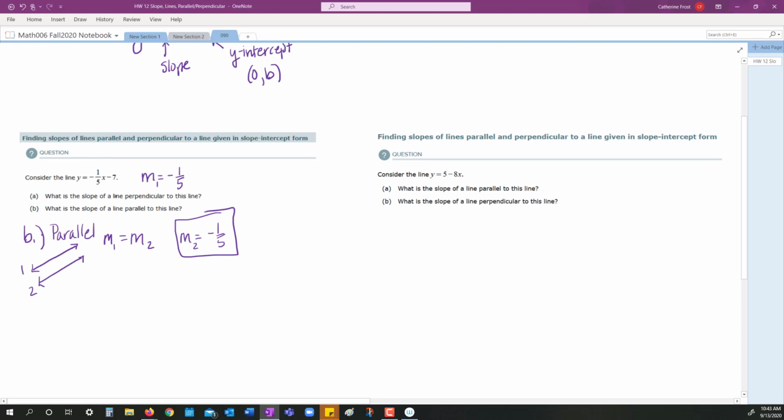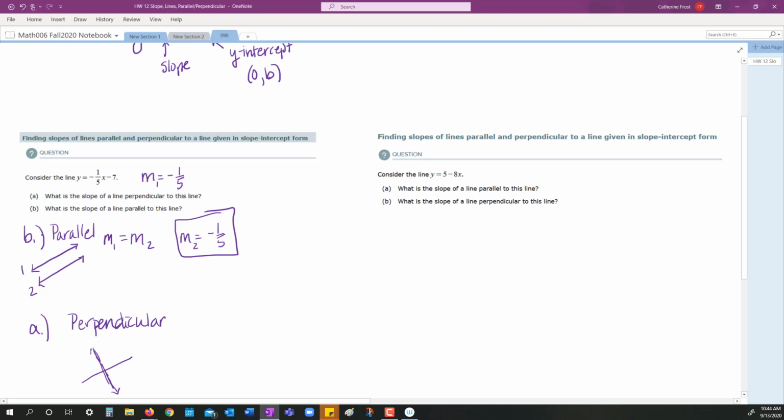Okay, so now let's talk about perpendicular. Perpendicular is a little bit more complicated, but not much. If you have a perpendicular line, then you're making a 90-degree angle, sort of an X-looking thing.